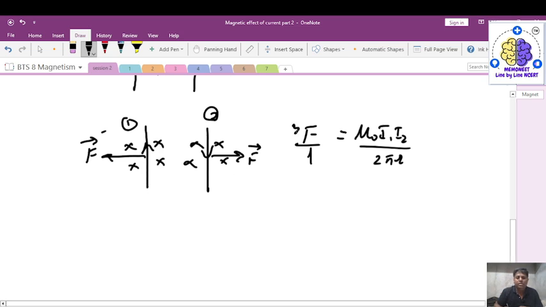Now let's come to the next topic, which is torque experienced by a coil placed in a uniform magnetic field.